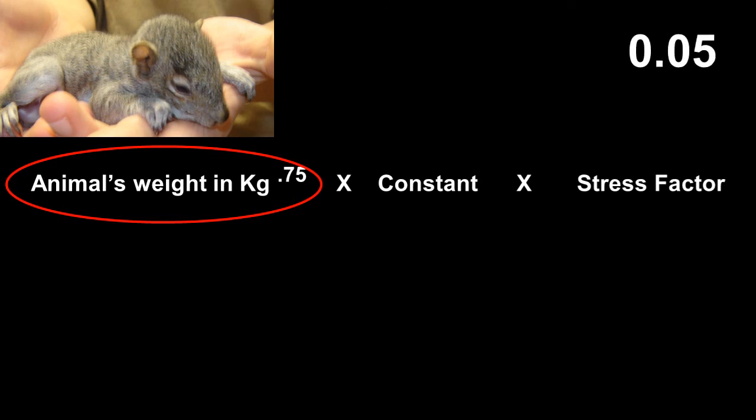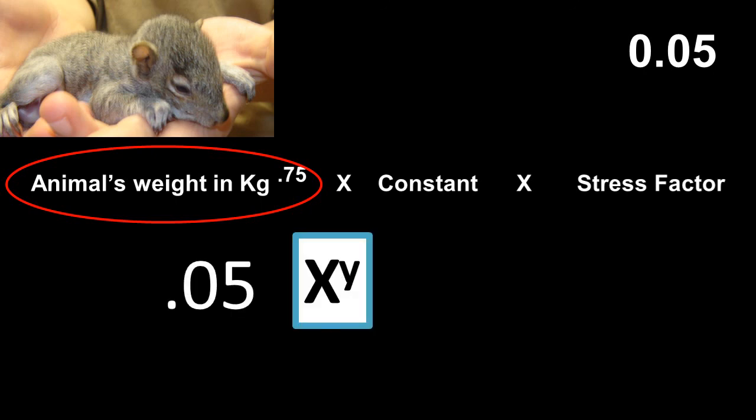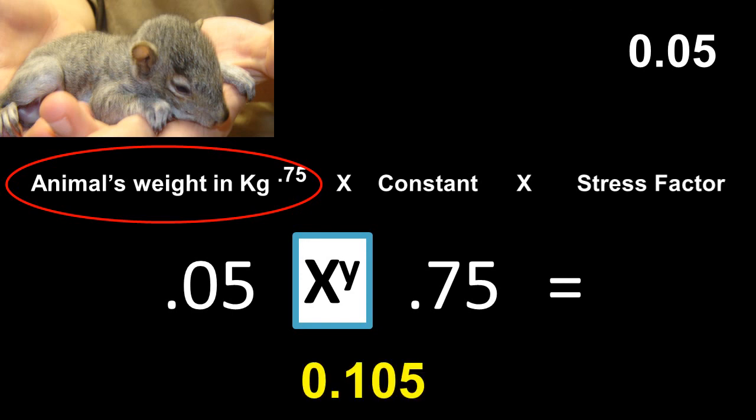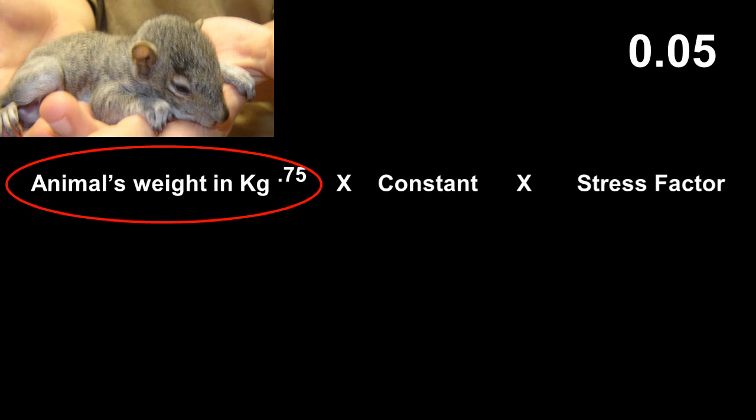There are 2 ways to find the 0.75 power. Some calculators have that function and you can just input that. On a scientific calculator, just enter 0.05, then the y to the x key, then 0.75, and finally the equals key. Your result is 0.105. If your calculator doesn't have this function, then we need to determine the result the second way.